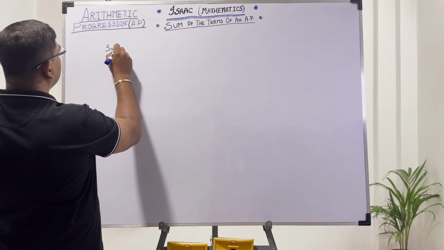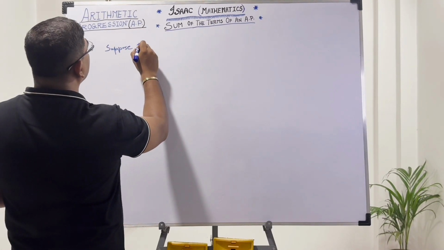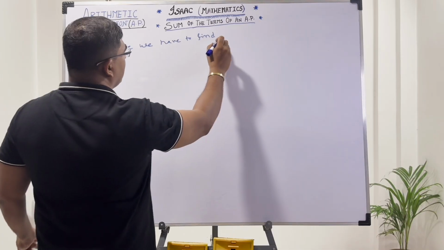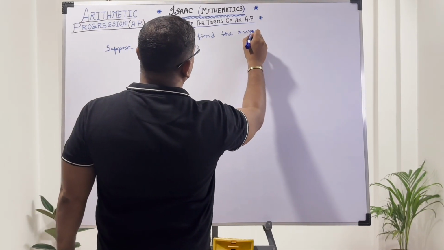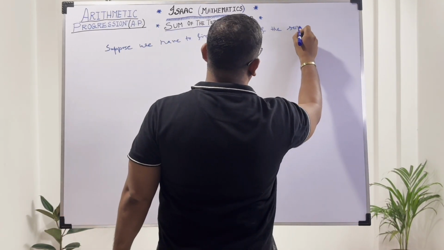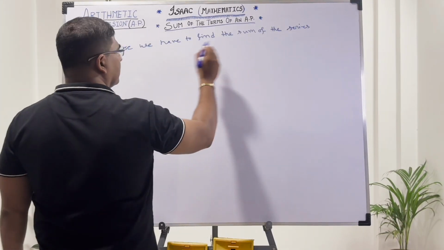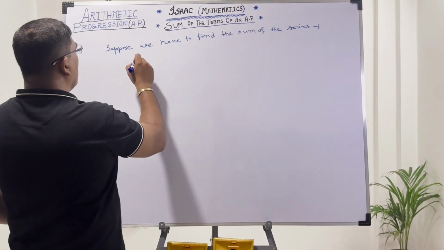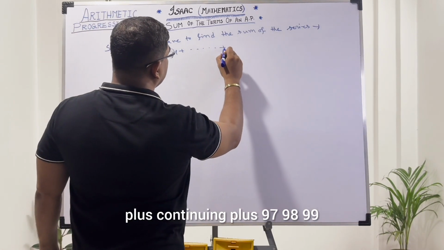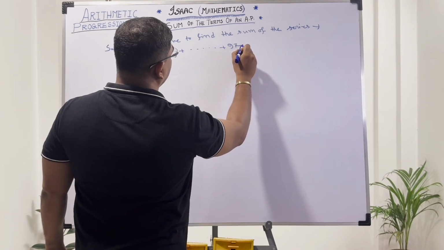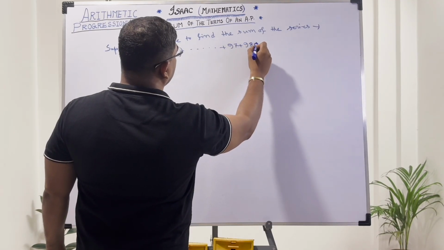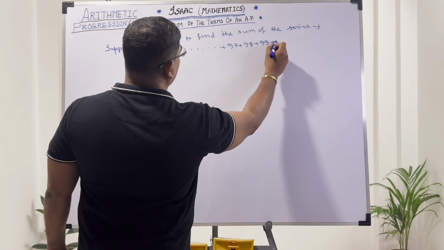Suppose we have to find the sum of the series 1 plus 2 plus 3 plus 4 plus continuing plus 97, 98, 99 plus 100.